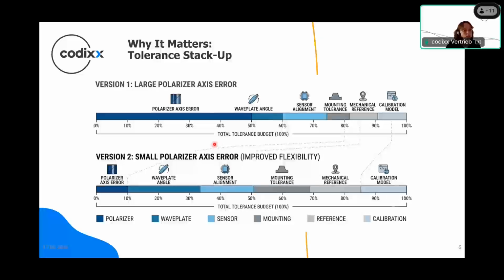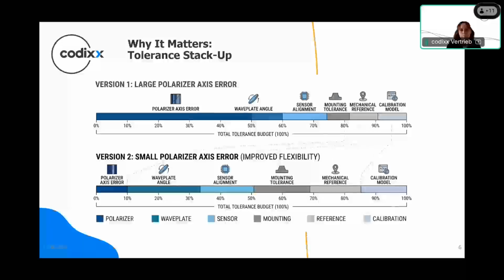But if we can reduce the polarization axis tolerance or error, there's much more flexibility for all the other components. And this could have an influence on your budget, manufacturing processes, sourcing processes. So it's really something to take into account.